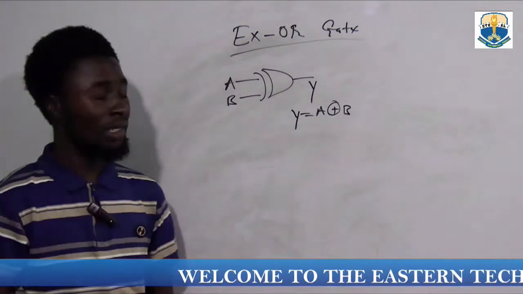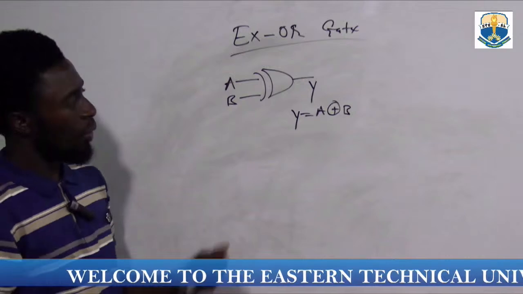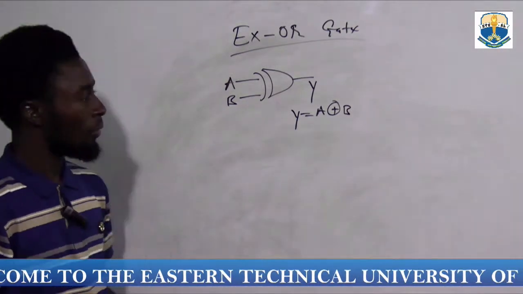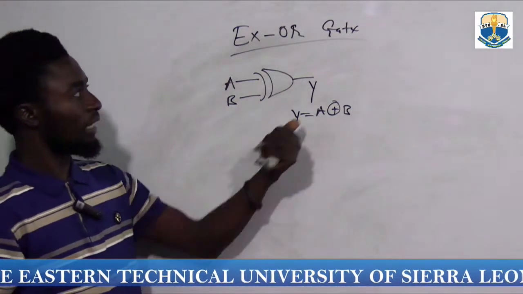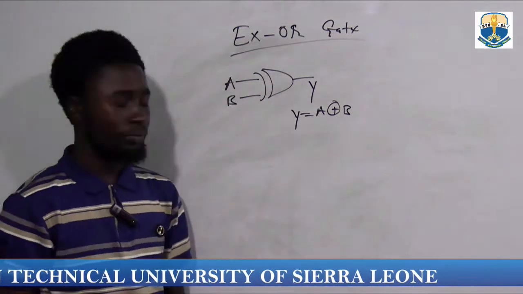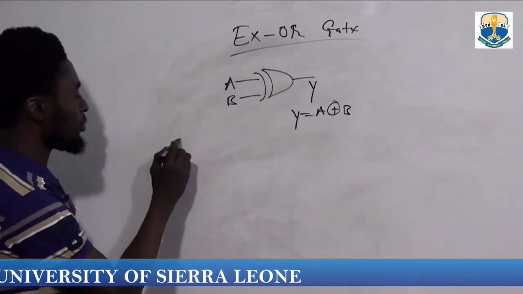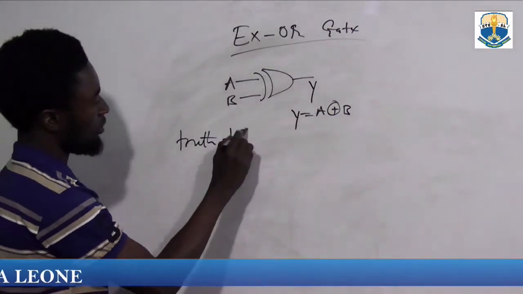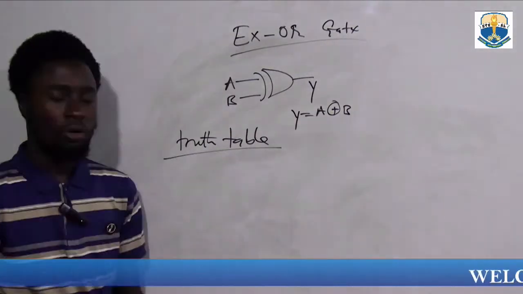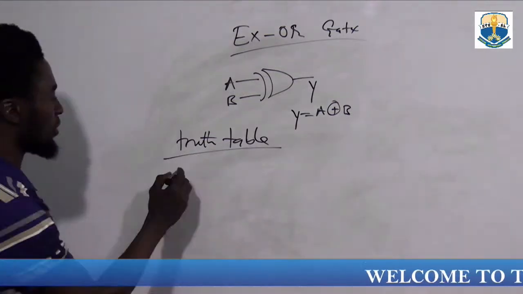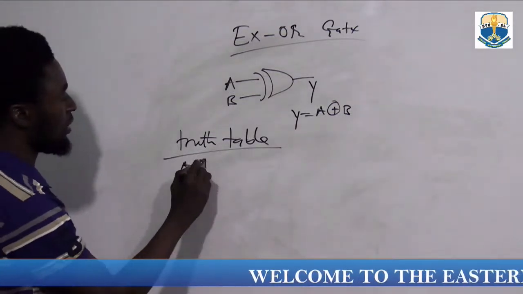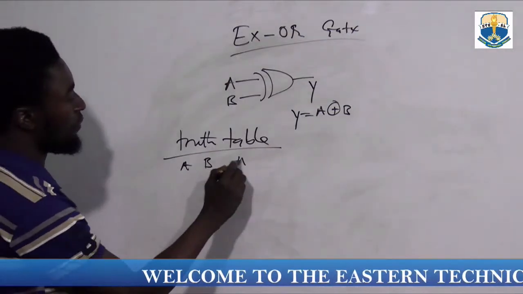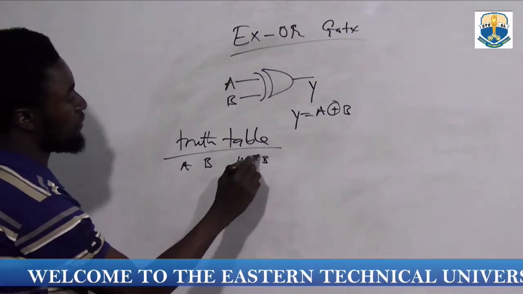So how can we draw the truth table for the exclusive OR gate? Now we say truth table: we have the inputs, input A and input B, and the output.